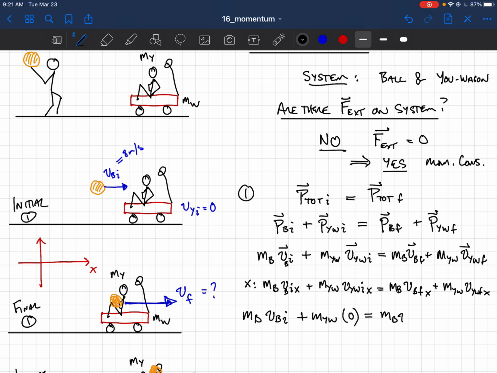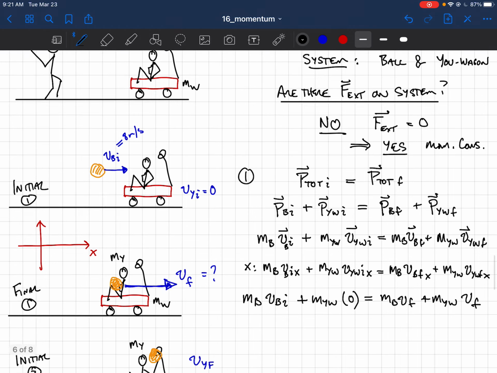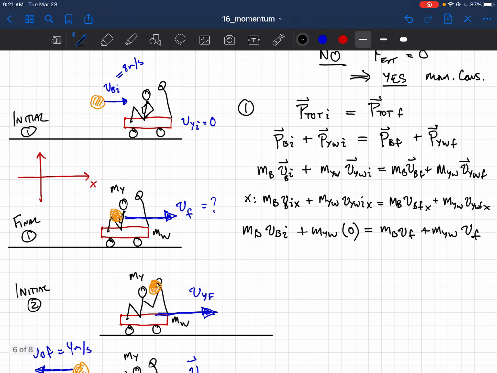So this is going to be m ball times v final, and I'm calling it positive magnitude because this vector points in the positive x direction. And then we have m u wagon, and then v u wagon final. Well, that's also v final, like that. So what do we get? Well, I can combine these two terms, and then I can divide by them.